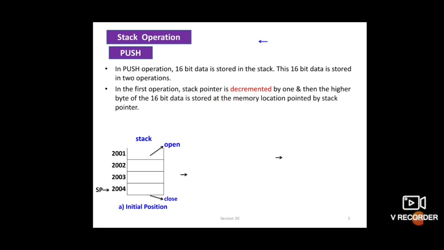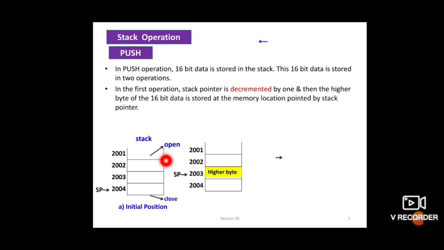Now see diagrammatically, this is the stack. The stack pointer is at its initial position, 2004. After the first operation, where the higher byte is stored, the stack pointer becomes 2003. See here, the stack pointer is at the 2003 memory location.